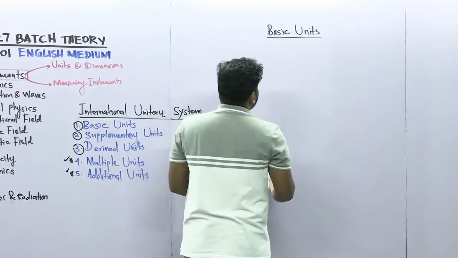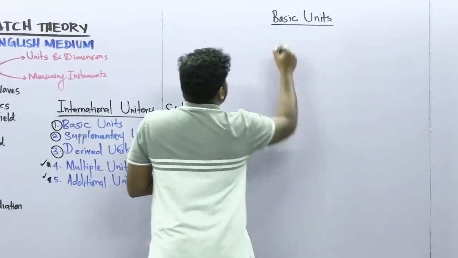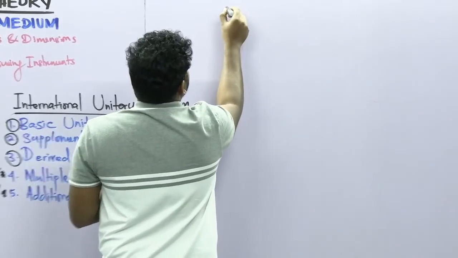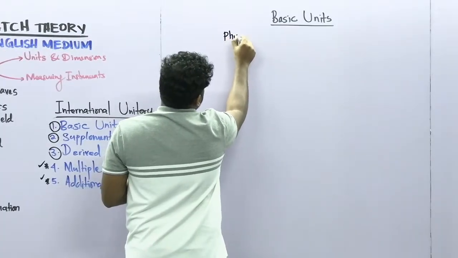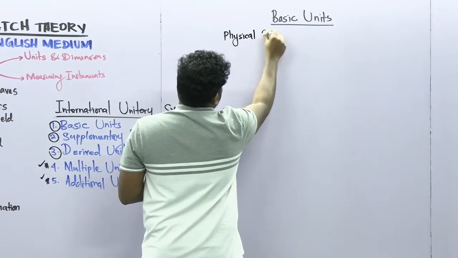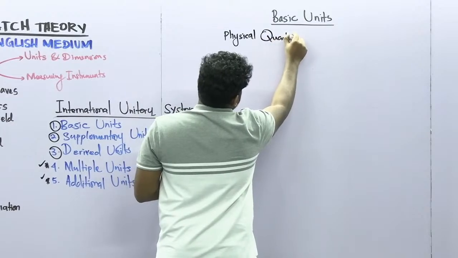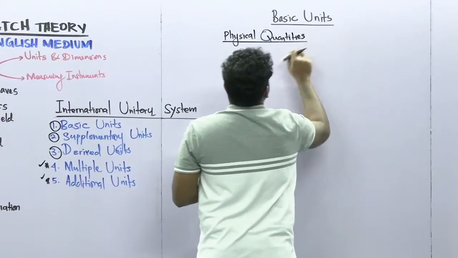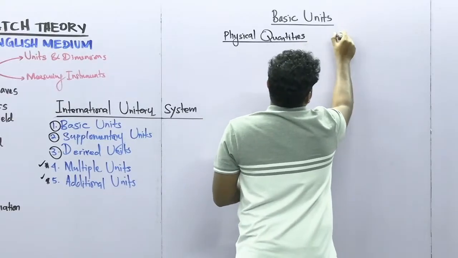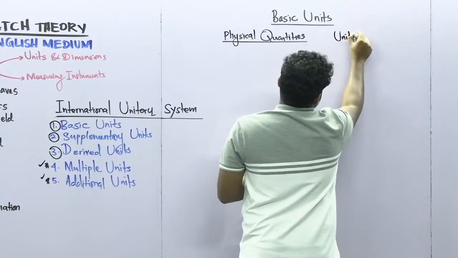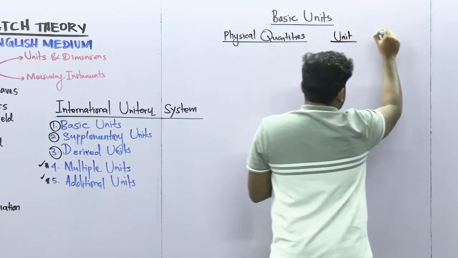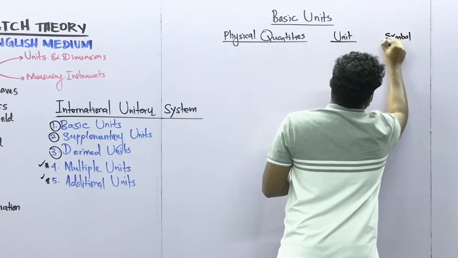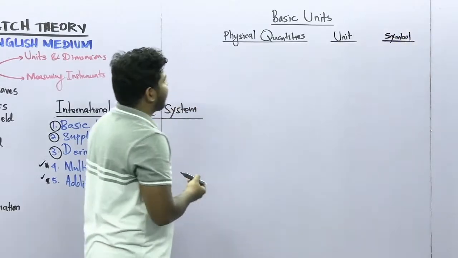I'm going to put a small table here. These are physical quantities, this is a column. Second one is units. Third one is the symbol of the unit.